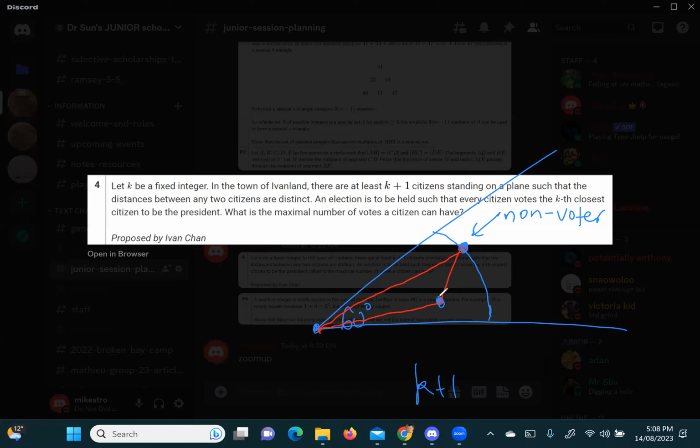But you can just log the one at the center as a non-voter. What do you mean at the center? Because you take the circle, you know how you took the circle centered at... Suppose they all vote, correct?